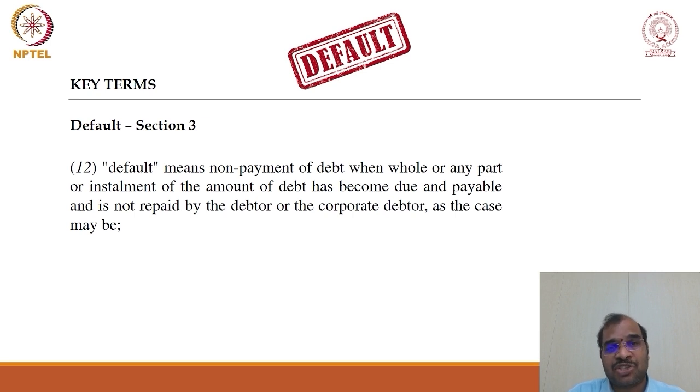Please remember, you have to underline the words due and payable, because this is one of the essential elements to be satisfied if you want to file an application before the NCLT. If the debt has become due and payable but is not repaid by the debtor or corporate debtor, as the case may be, then we call it a default.